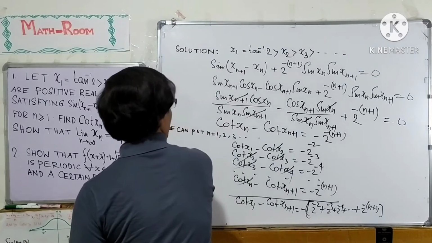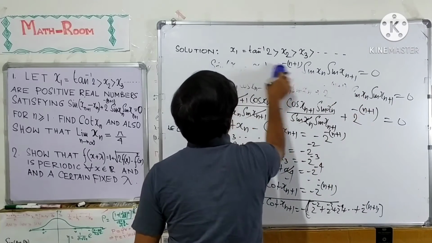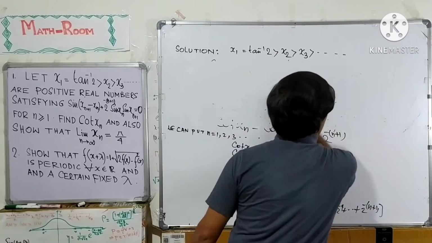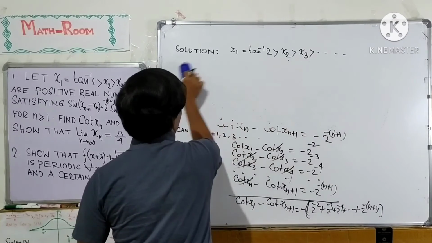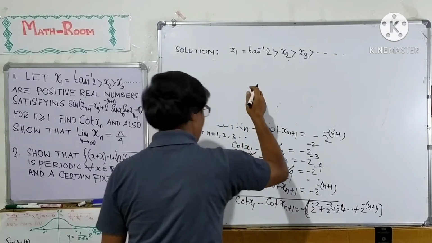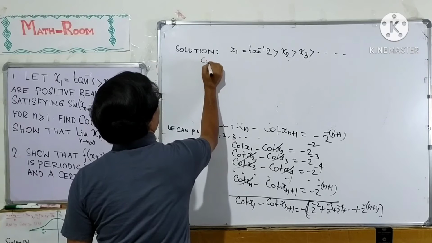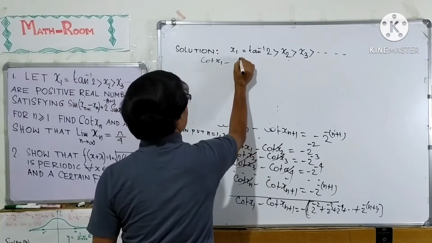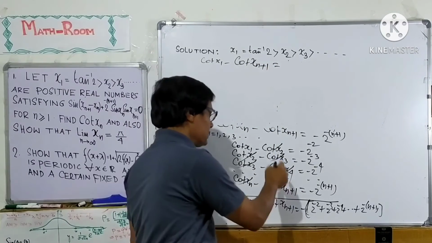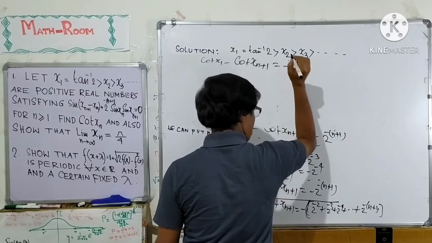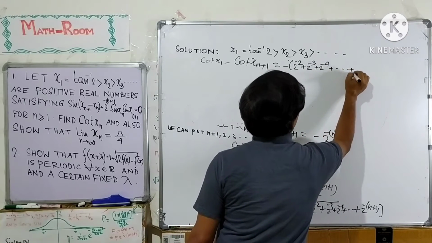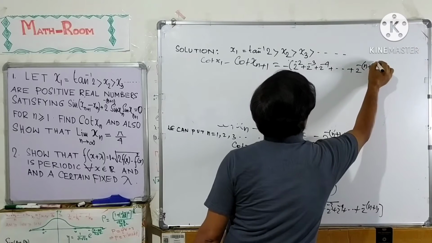Now we have already got cot x1 minus cot xn plus 1 equal to the right hand side series, which is 2 to the power minus 1, 2 to the power minus 2, 2 to the power minus 3, and so on, up to 2 to the power minus n plus 1.